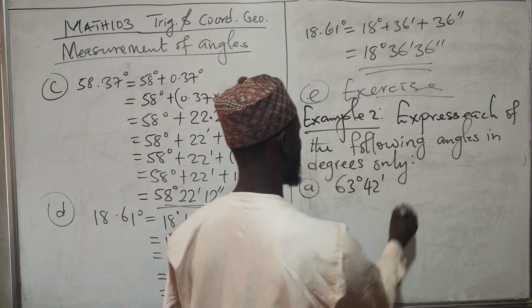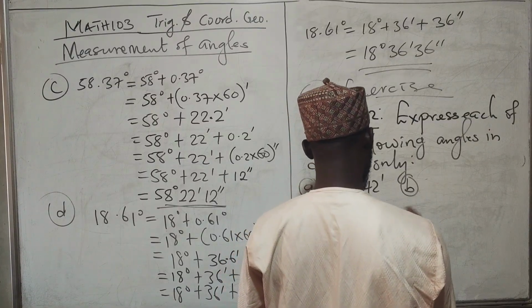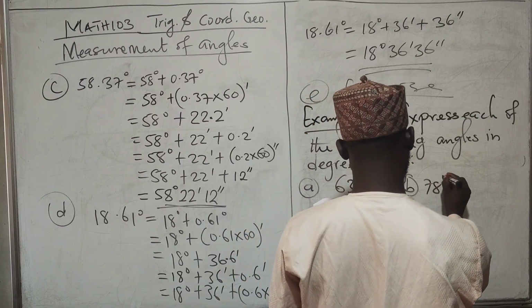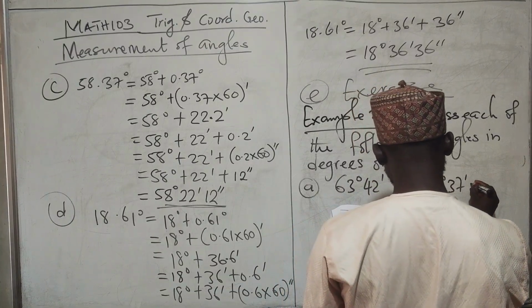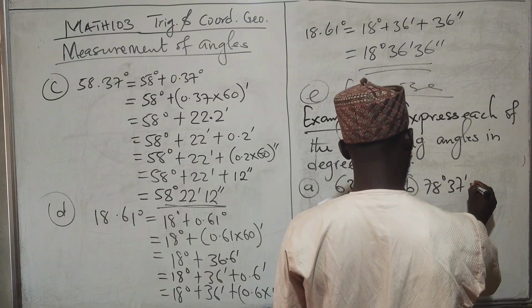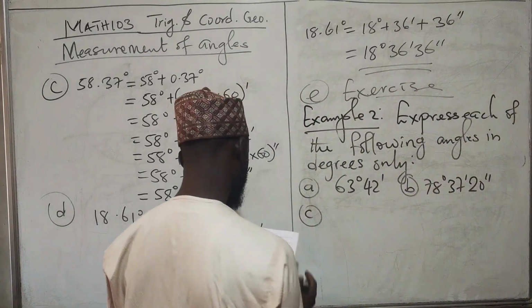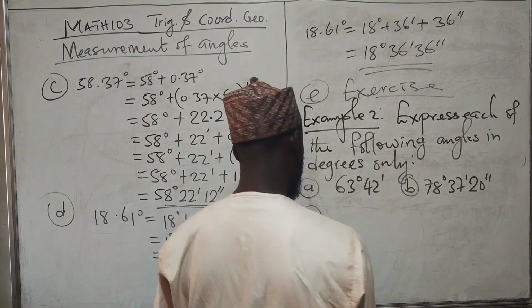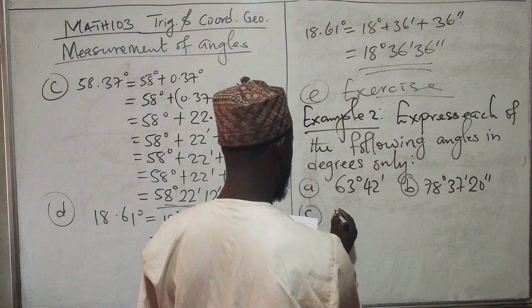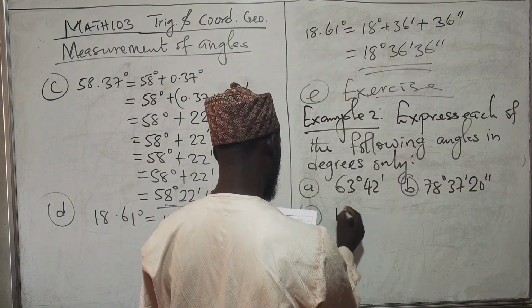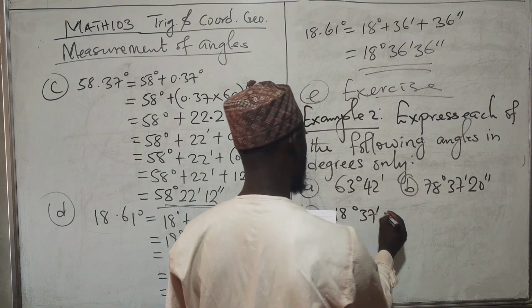B, 78 degrees, 37 minutes, 20 seconds. C, 18 degrees, 37 minutes, 20 seconds.